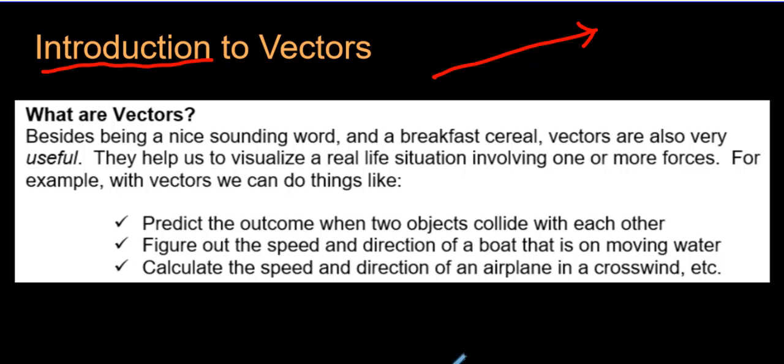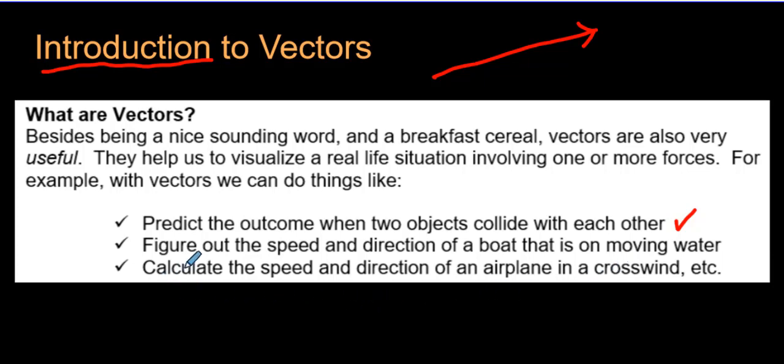Okay? So vectors do these kinds of things. They predict the outcome when two objects collide with each other. Sometimes when cars crash, someone lies about it and says, they hit me. And really, when they do their work and they deal with vectors and with the forces that are involved, they realize that one person is actually lying instead of telling the truth. So that's where vectors come into play.